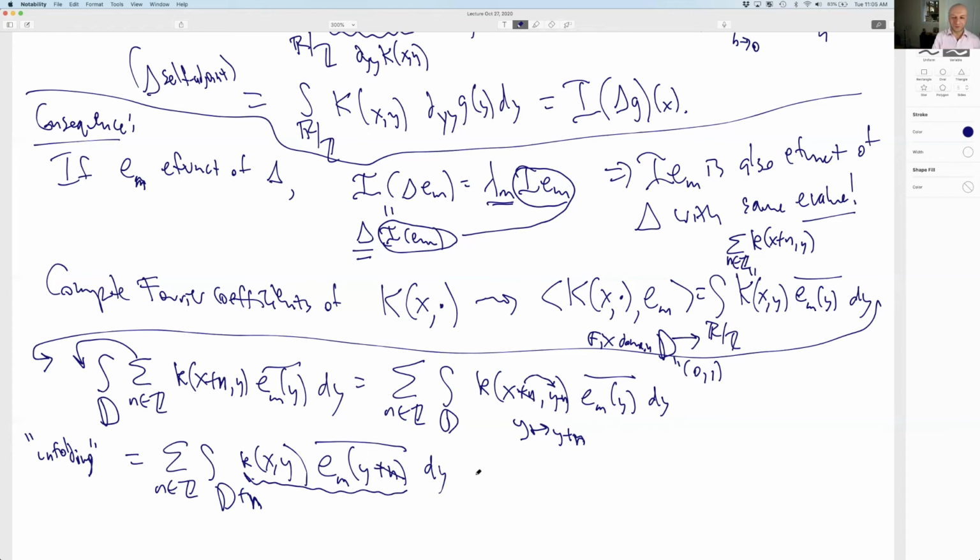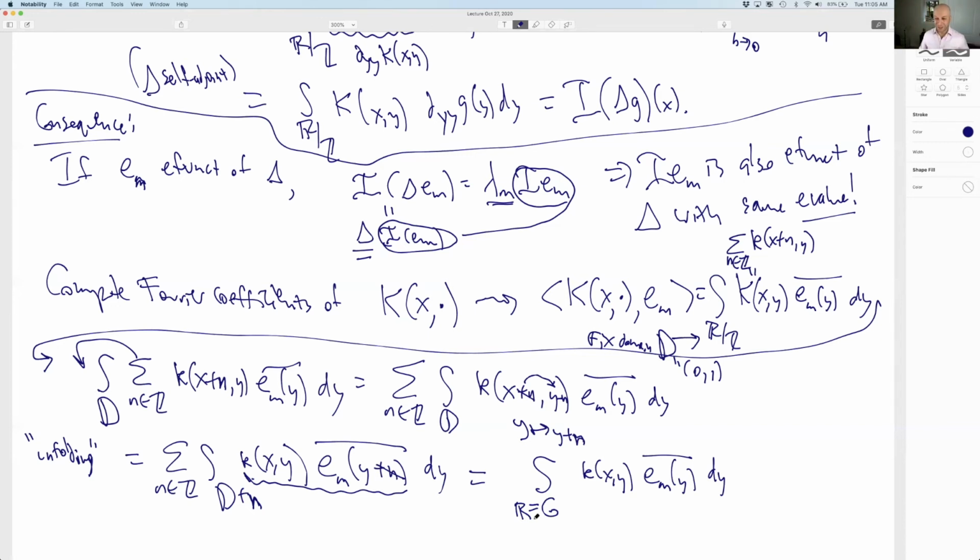That's what we saw before. It's an integral of k of x, y, E m of y bar dy over what range? We've taken this interval 0, 1, and translated it by all the elements of Gamma. We've taken a fundamental domain for G mod Gamma, R mod Z, translated by all the elements of Gamma and summed over all the elements of Gamma. So we just get the integral over all of G, which for us is R. So it's again this unfolding idea.